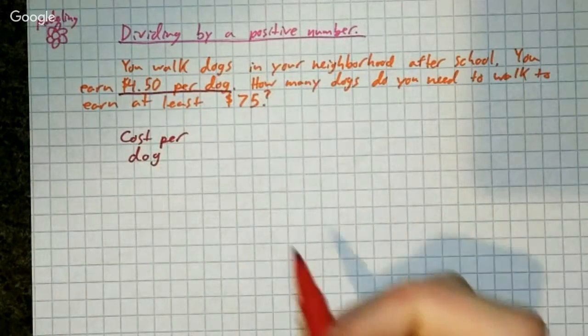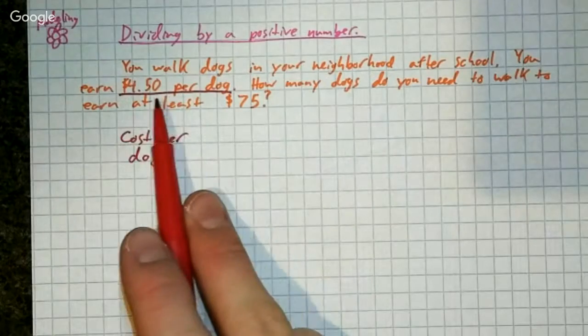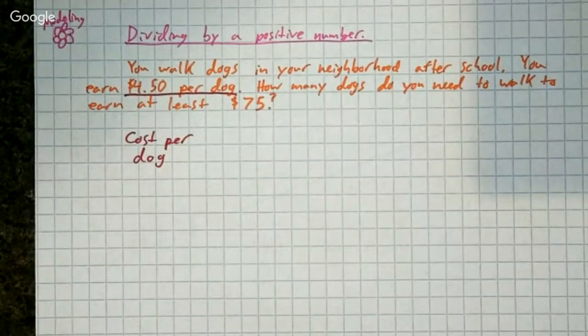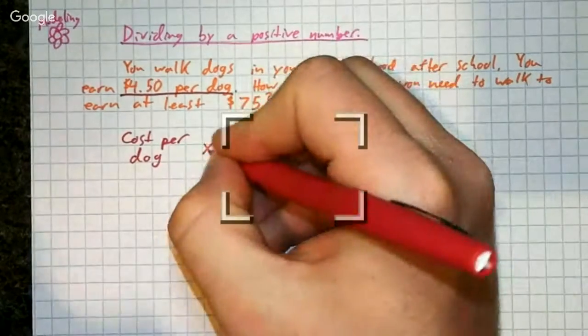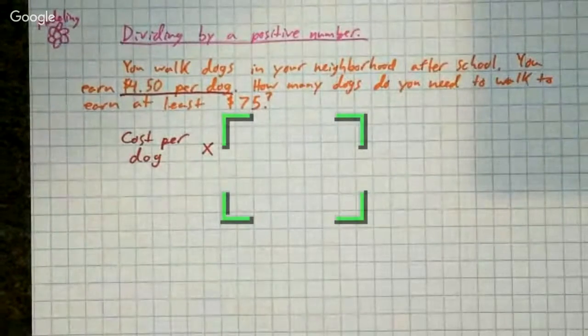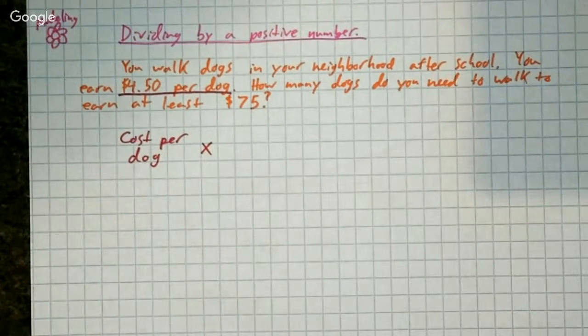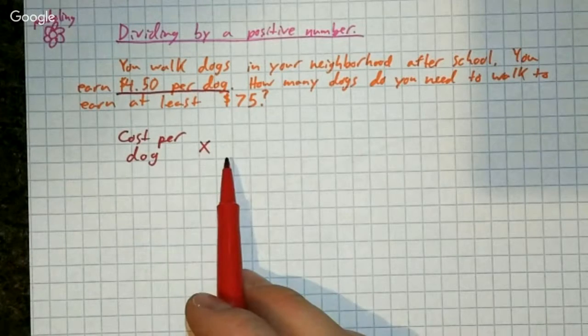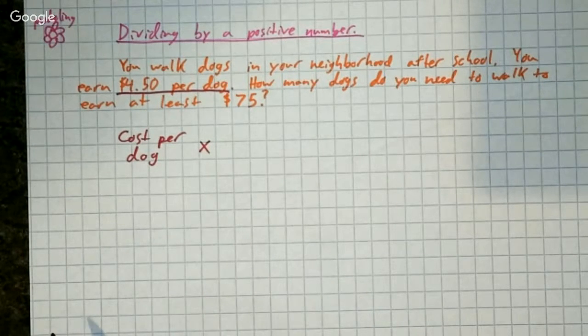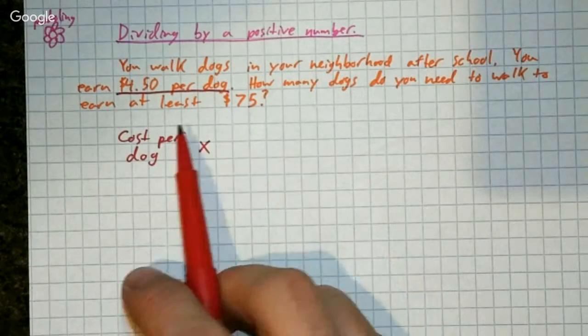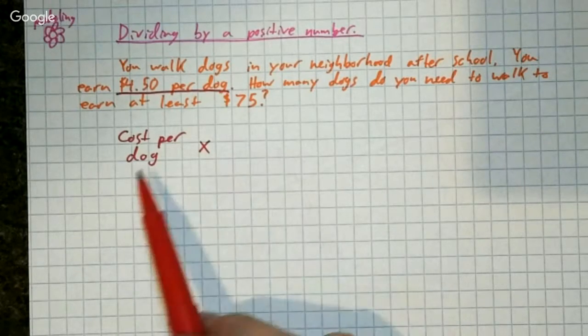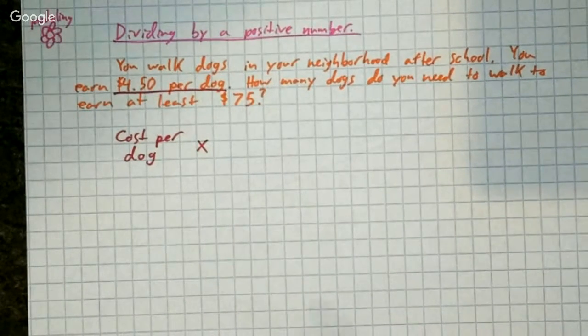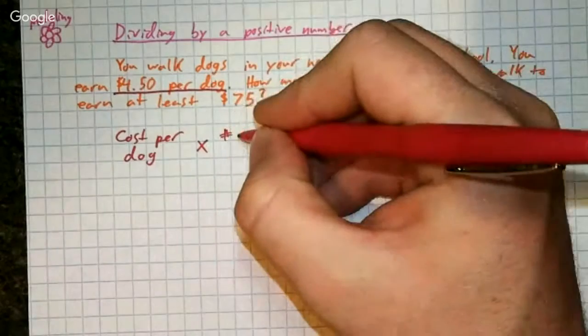Then we're going to be multiplying that, because each dog you get, you're going to get $4.50 more. So this is going to be a multiplication problem. Next, what do we need to multiply the cost per dog by in order to get our answer? We need to multiply the cost per dog by the number of dogs you're walking.